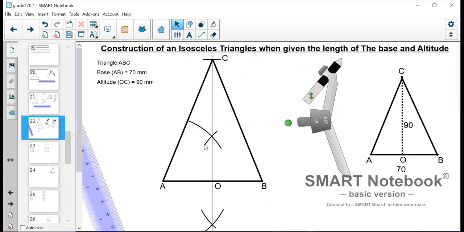All right, that would complete the construction of an isosceles triangle when given the base and altitude.